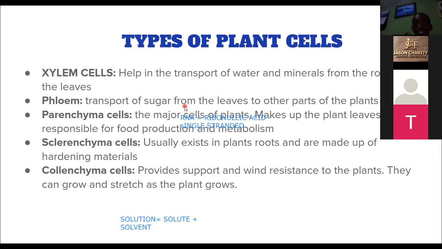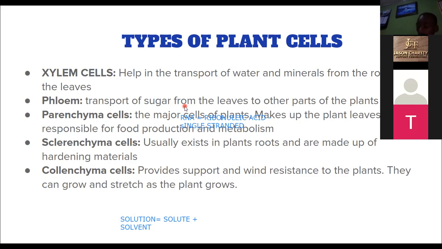Now, the phloem cells transport sugar from the leaves to other parts of the plant. What happens? In photosynthesis, I told you that photosynthesis is the opposite of respiration. What happens in respiration is that the cell uses stored food to produce glucose known as sugar.